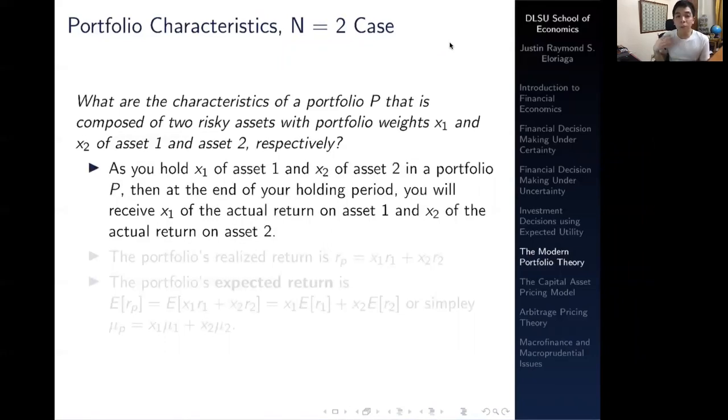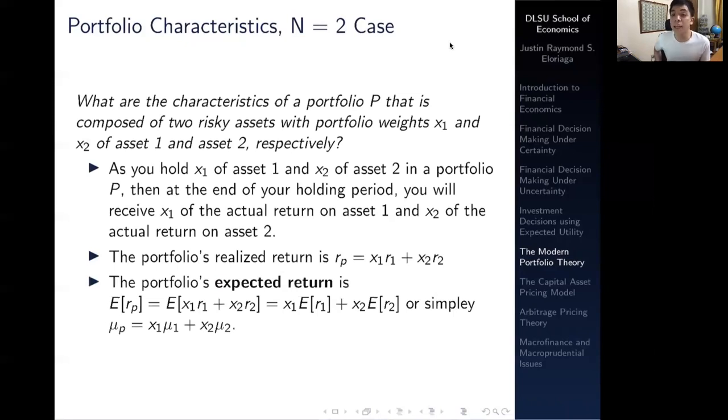Well, as you hold X1 of asset 1 and X2 of asset 2 in a particular portfolio, at the end of a holding period you will receive an X1 weighted return of asset 1 and an X2 weighted return of asset 2. Therefore, the portfolio's realized return ends up being this equation, which is just the weight times the rate of return of each asset, and the sum of that gives you the aggregate sum.